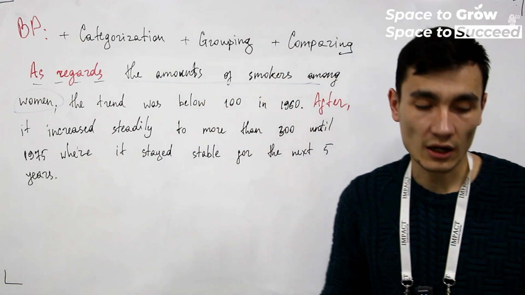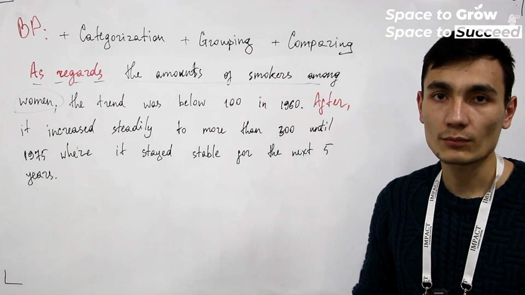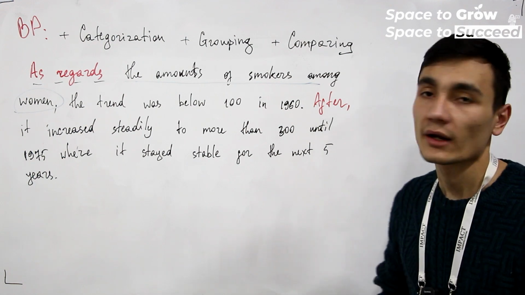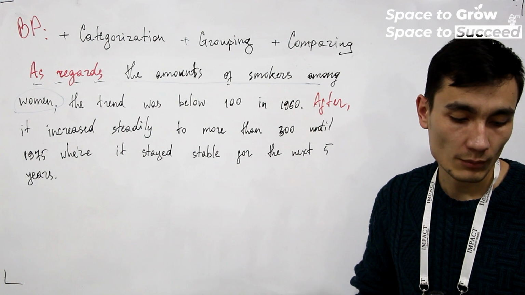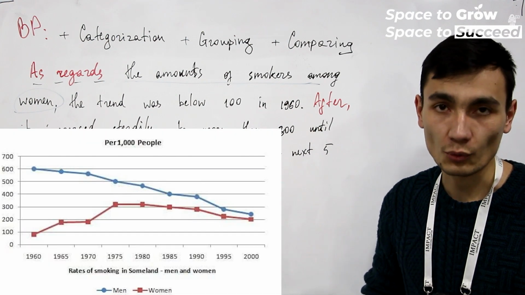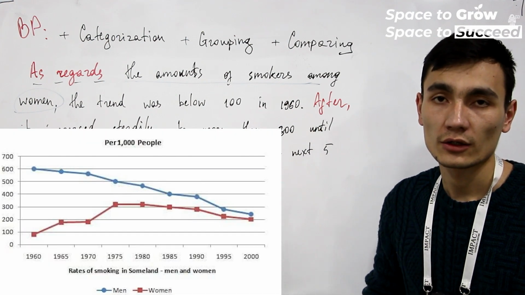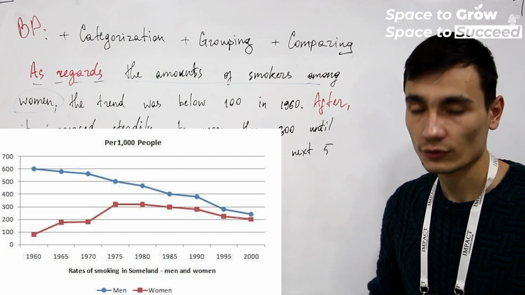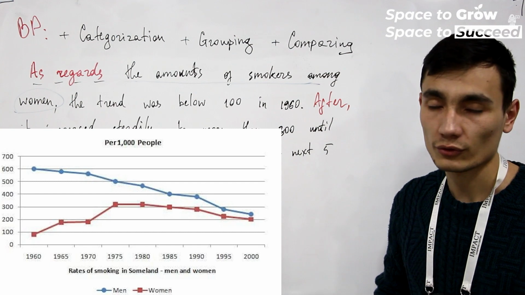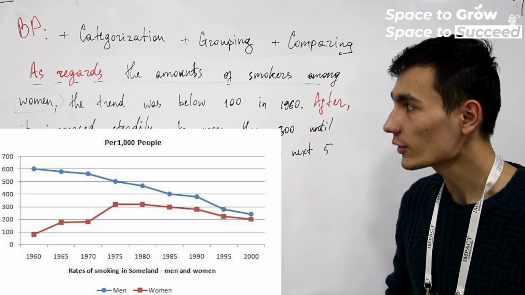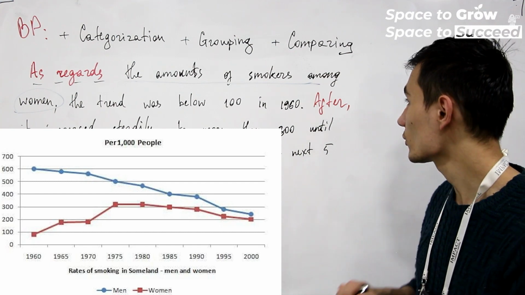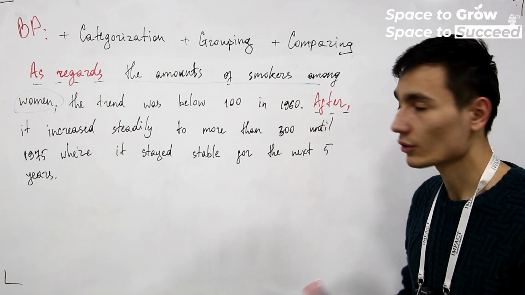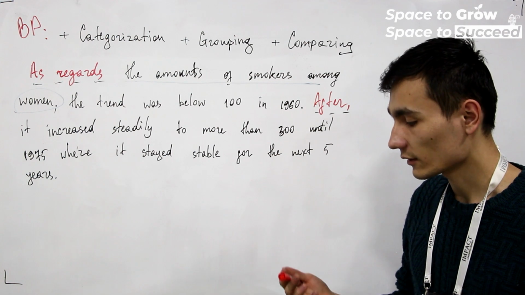And as you see, we covered the main information here. This number was the highest point of the trend. We have to include this information to get a higher score for task achievement. How can we include this? We can use another, more complex structure to get a higher score.